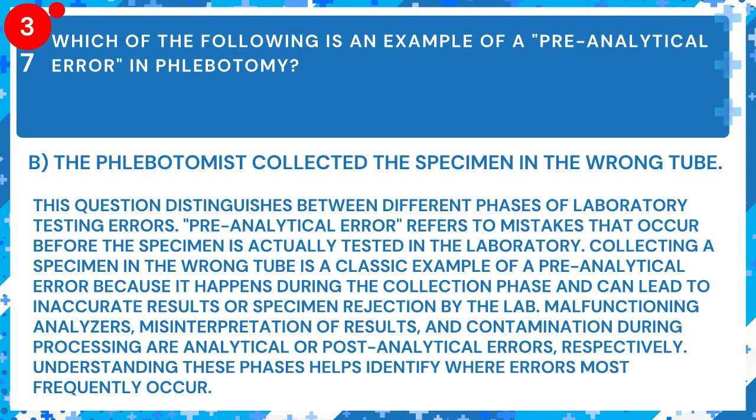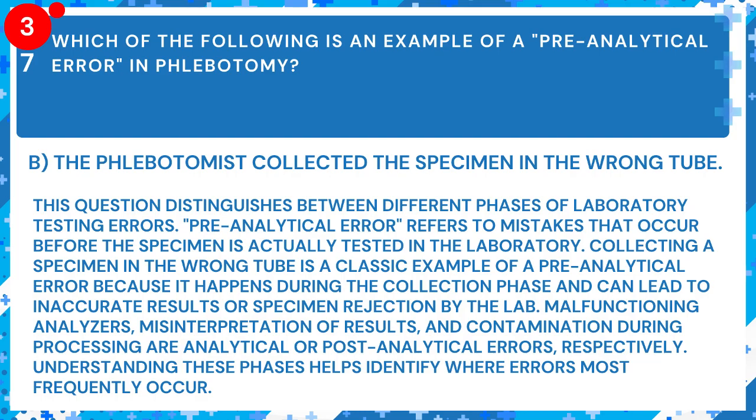Answer: B. The phlebotomist collected the specimen in the wrong tube. Explanation: this question distinguishes between different phases of laboratory testing errors. Pre-analytical error refers to mistakes that occur before the specimen is actually tested in the laboratory.